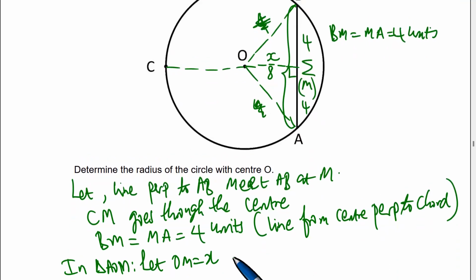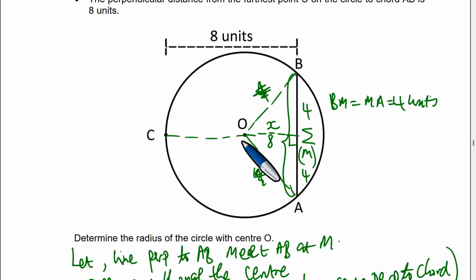Let OM be X units. What is then the radius of the circle here?